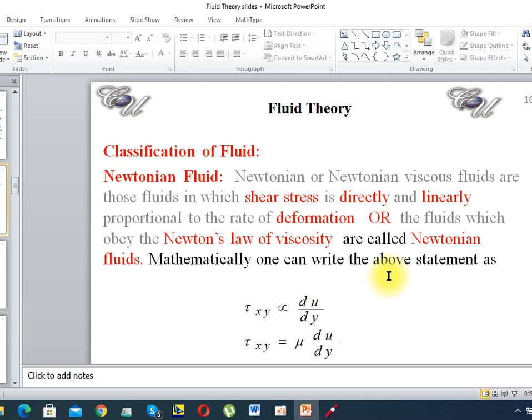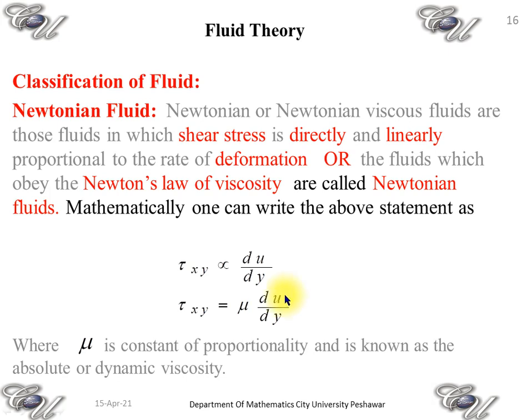So now we can classify the fluid while using this property. Those fluids for which the viscosity does not change when you apply the stresses and the deformation occurs, but this property remains constant, we will consider such fluids as Newtonian fluids.